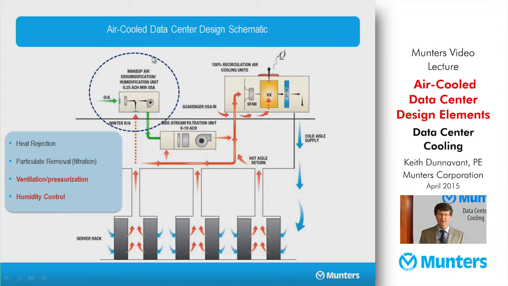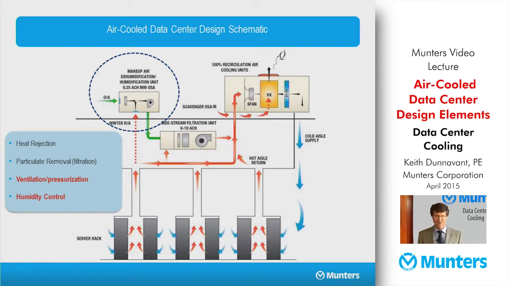Next, we have the makeup air component. In a data center, you typically want to be introducing about 0.25 to 0.5 air changes per hour of ventilation air into the data hall. And this is for two reasons. One, to maintain proper indoor air quality, because the servers do emit volatile organic compounds.